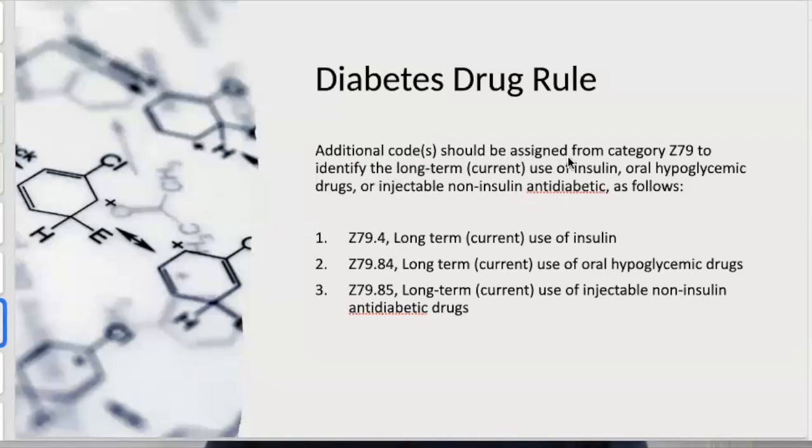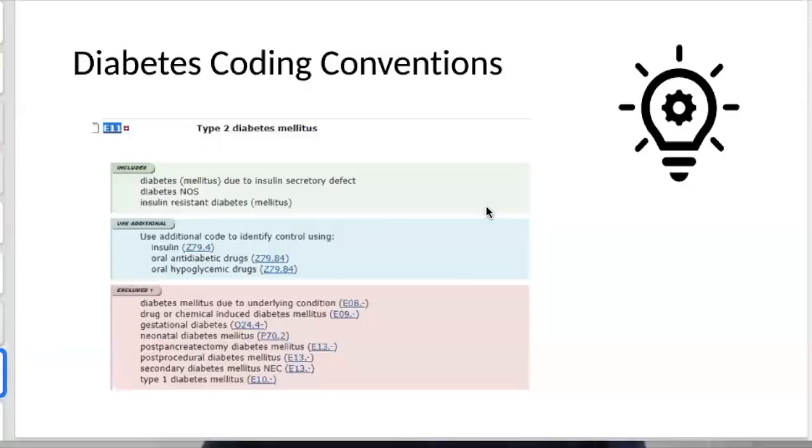Additional code should be assigned from category Z79 to identify the long-term use of insulin. And in the coding convention, this is an official coding book. If you go to this page where it says diabetes type 2, you will see all these coding conventions. And look at the coding convention here.